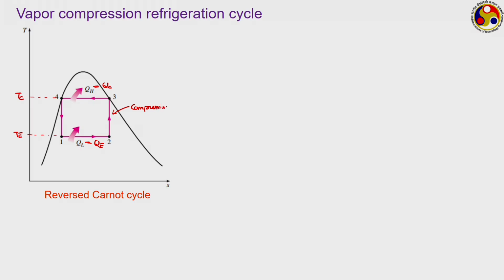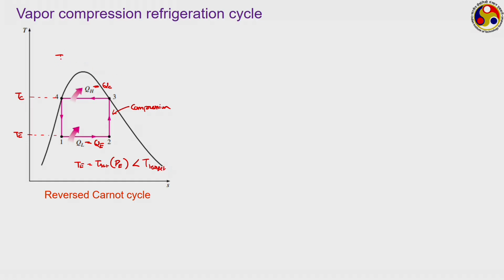Here the purpose of the compressor is to change the pressure level of the refrigerant from the evaporator pressure level to the condenser pressure level, such that TE, which is nothing but the saturation temperature corresponding to the evaporator pressure, has to be lower than the target temperature.